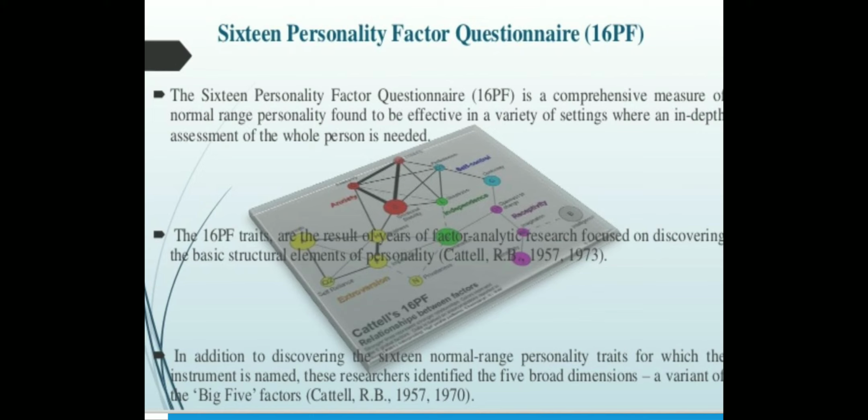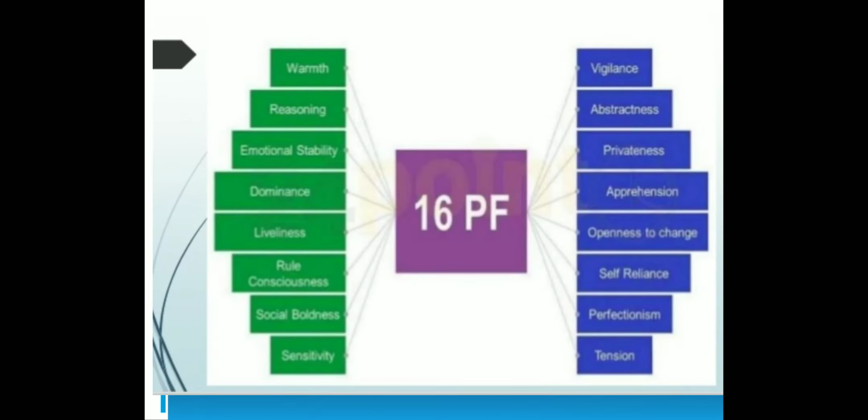In addition to discovering the 16 normal range personality traits for which the instrument is named, these researchers identified the 5 broad dimensions, a variant of the Big 5 factors. Now what are the 16 personality factors according to them? They are warmth, reasoning, emotional stability, dominance, liveliness, rule consciousness, social boldness, sensitivity, vigilance, and many more, right?